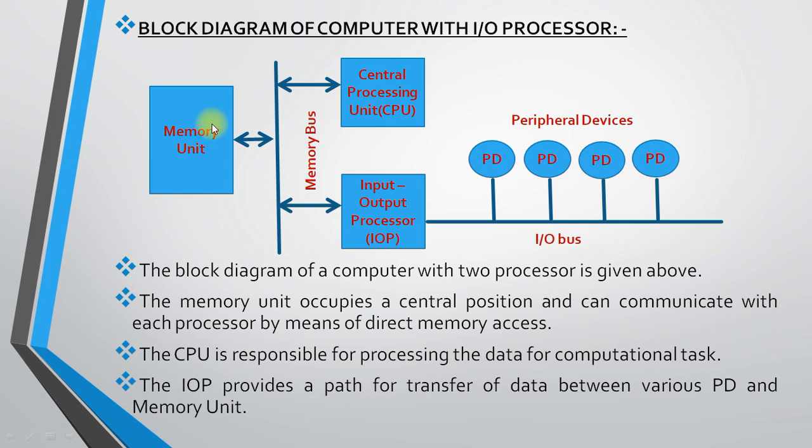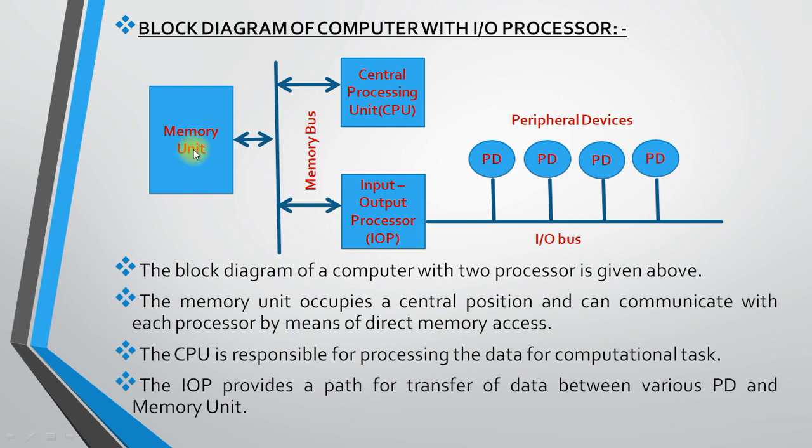Again, I want to repeat one point over here: if you are not able to write the given points or not able to exactly memorize the things, at that time you just need to remember the block diagram of a computer with IO processor. Based on that, you are able to write the things. What is the first point? You need to start with the memory unit.